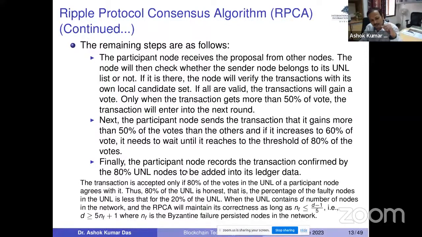Due to this, it is an 80% voting mechanism. So here the threshold value is greater than or equal to 5NF plus 1, where NF is the number of Byzantine failure nodes in the network out of n nodes in the network.